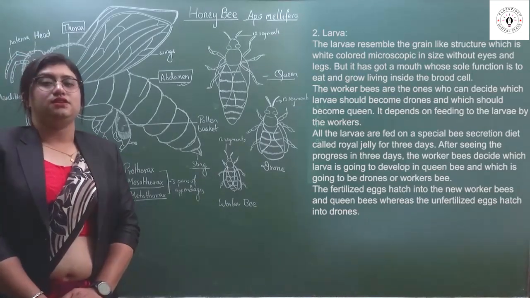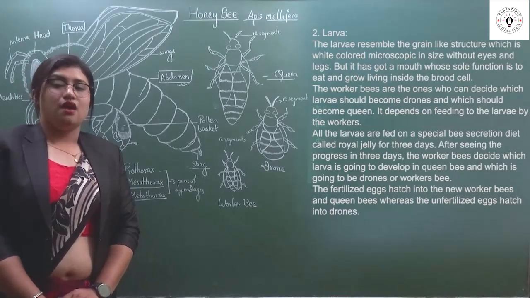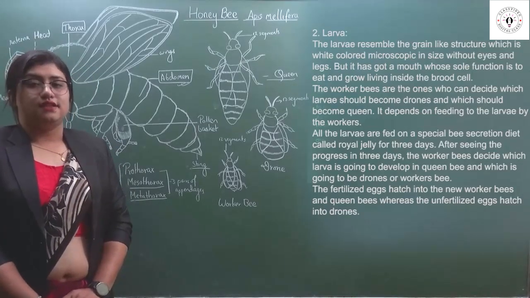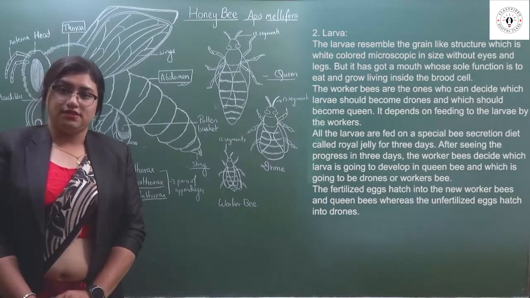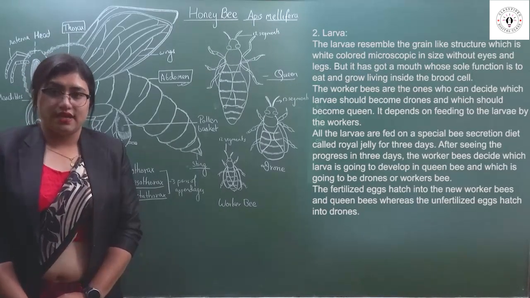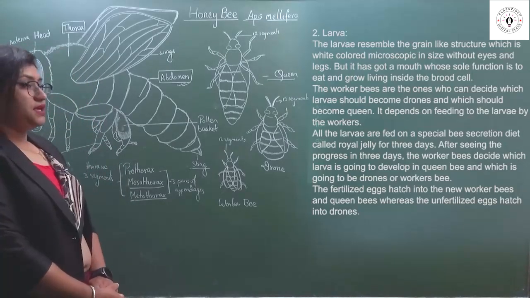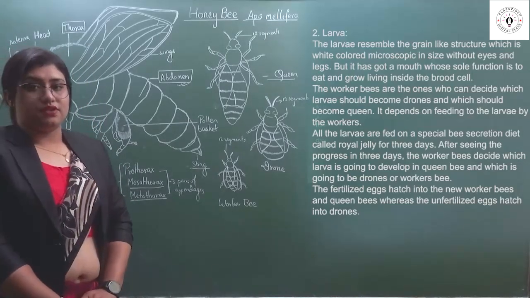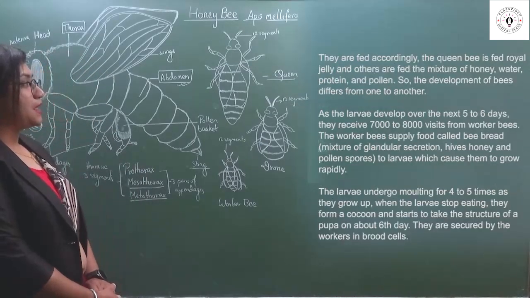But the larvae to be developed into the drones or worker bees are fed with a mixture of water, pollens and other things, which is known as honey bread. So the worker bee actually decides the development of the queen bee or the worker bee.